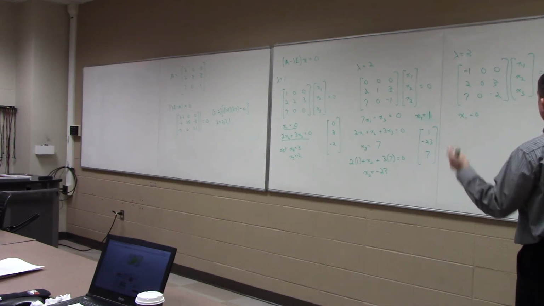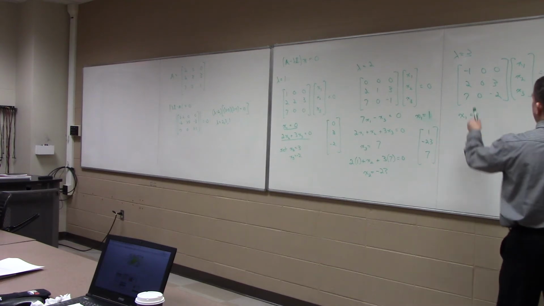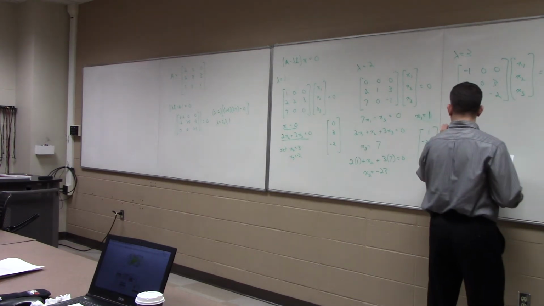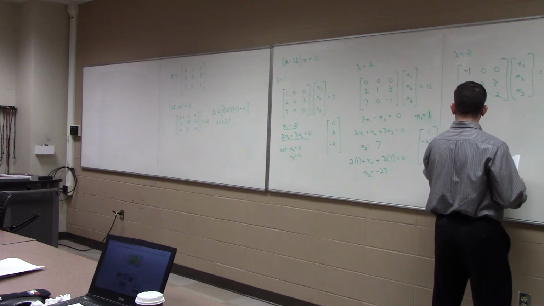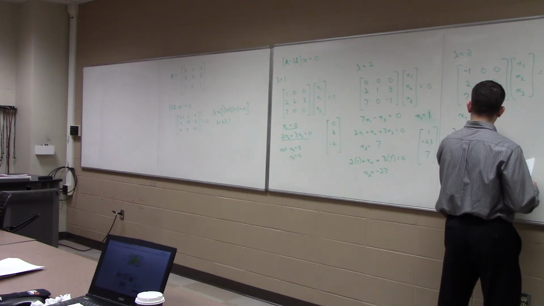It says negative x1 is equal to 0. Second one, 2x1 plus 3x3 is equal to 0.